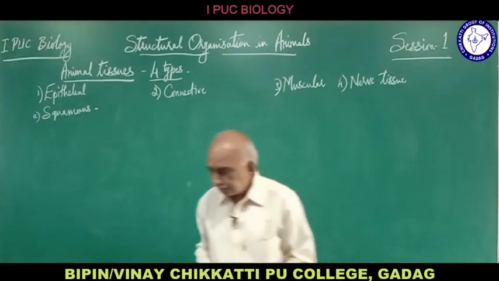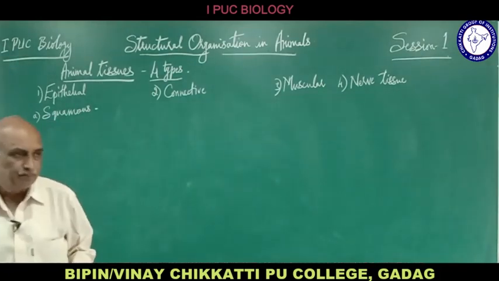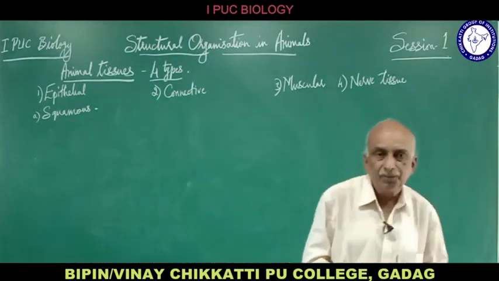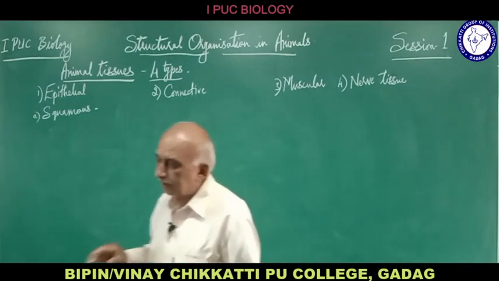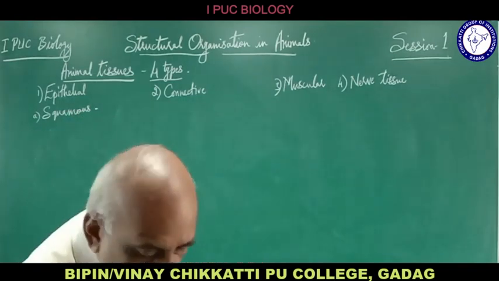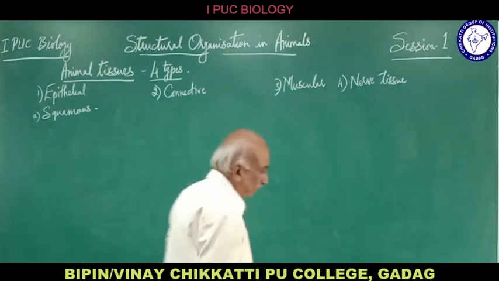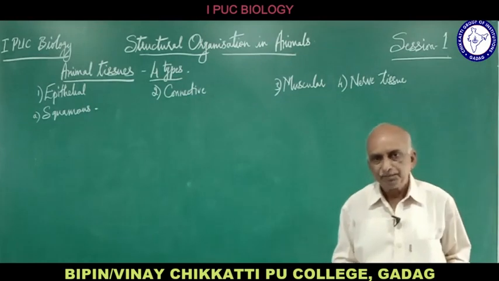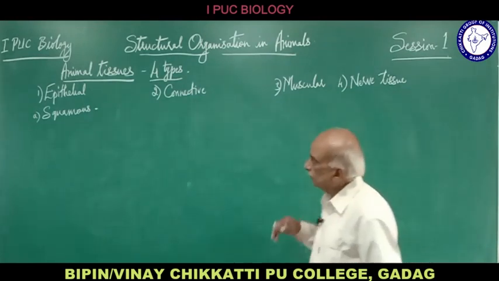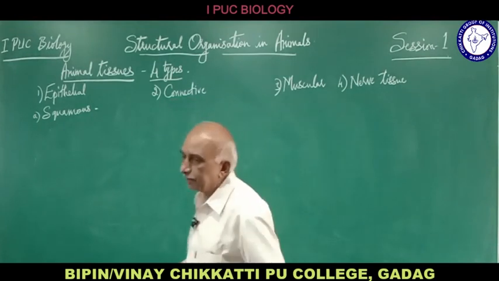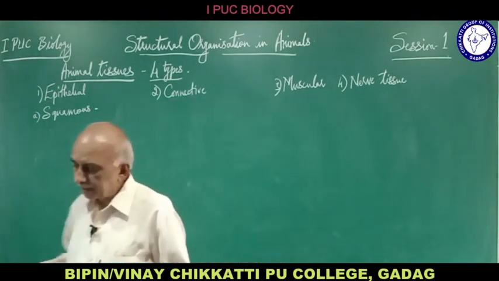Connective tissue is the one which helps in connecting one tissue and another tissue. It may connect an epithelial tissue and a muscular tissue, like that. Now this connective tissue has some basic structure.